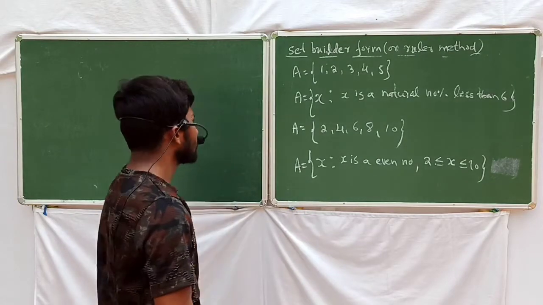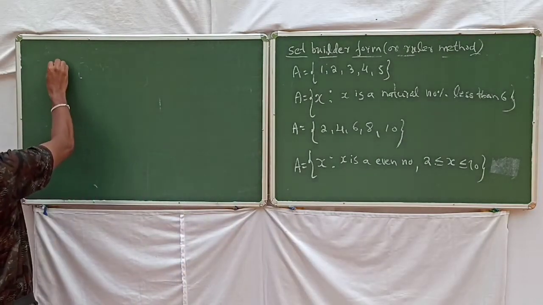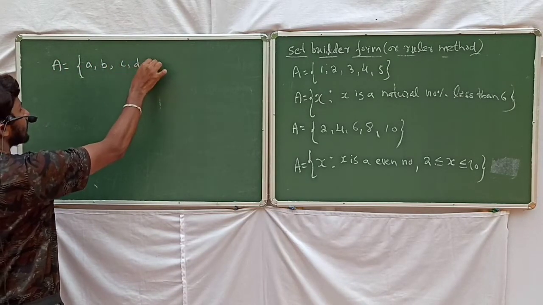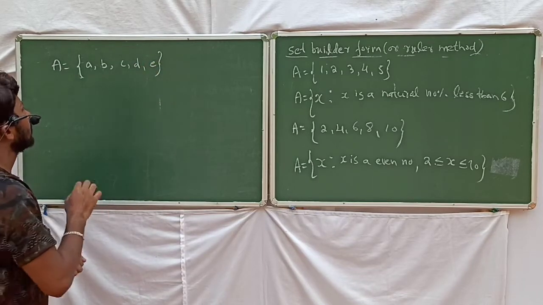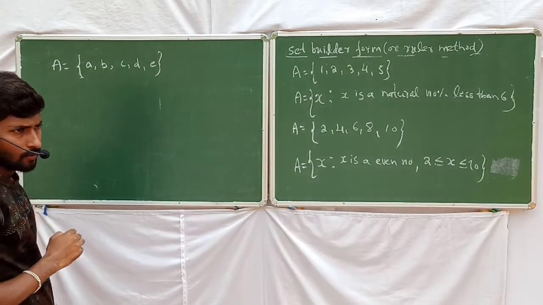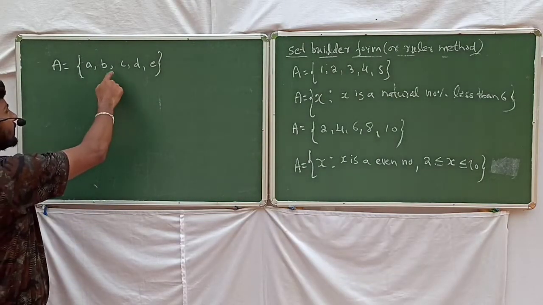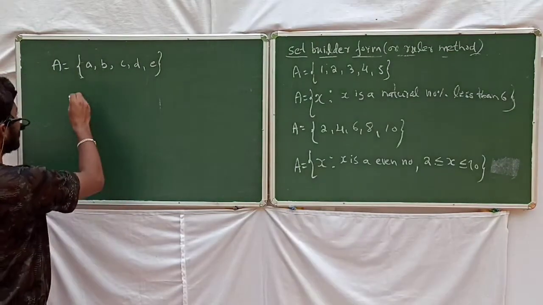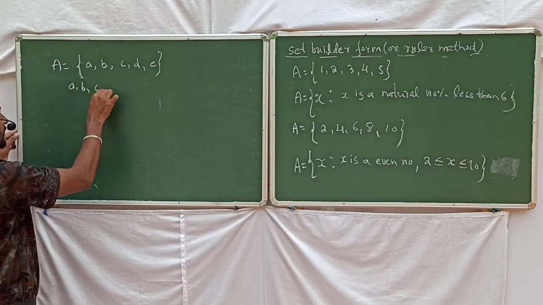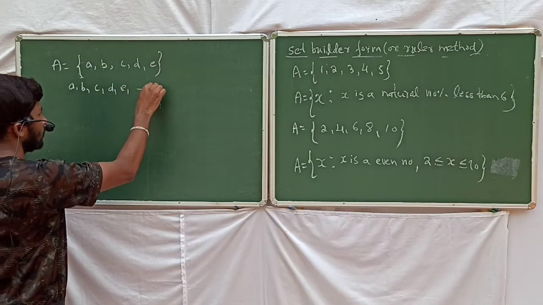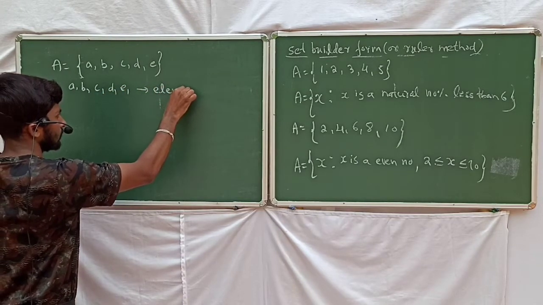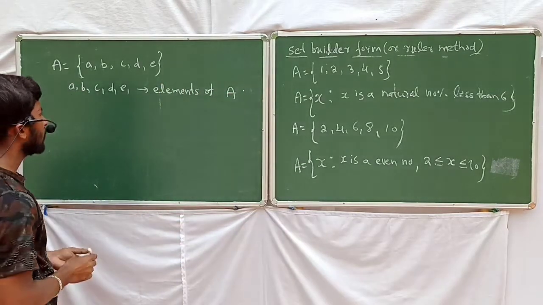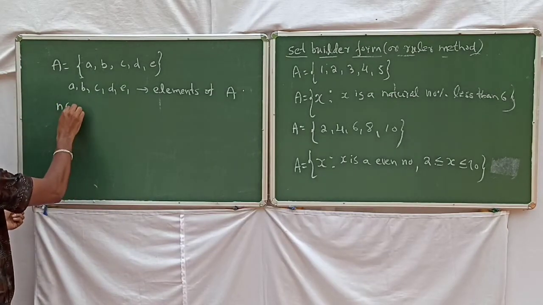Now consider one set A is equal to {A, B, C, D, E}. You collected 5 objects here. Now see here A, B, C, D, E are called elements of the given set A. Now number of elements.